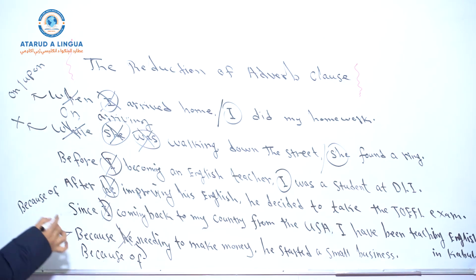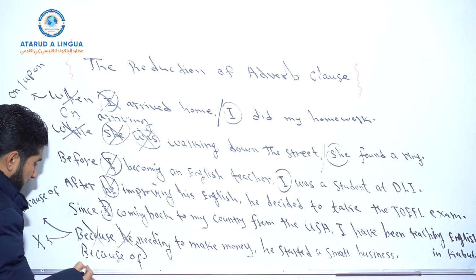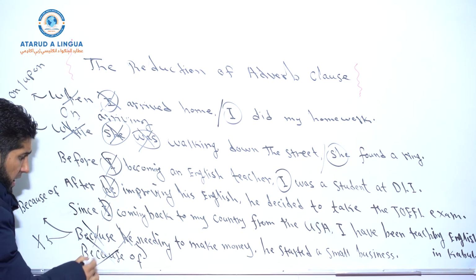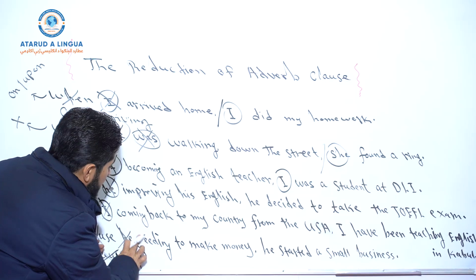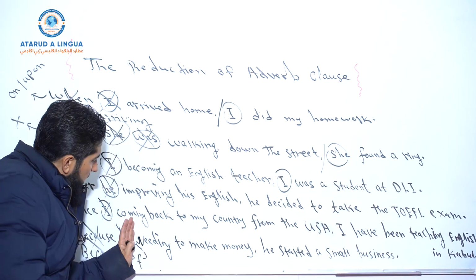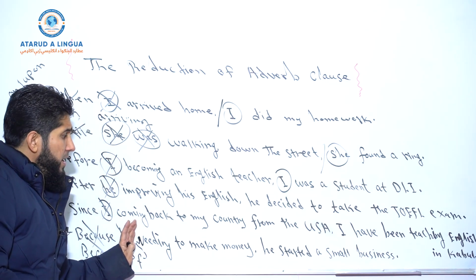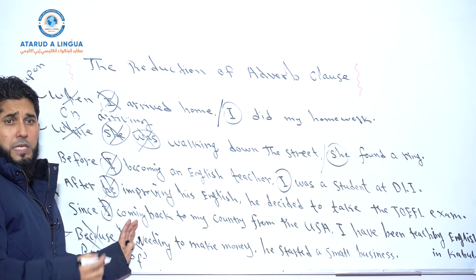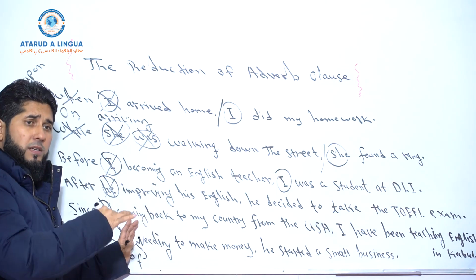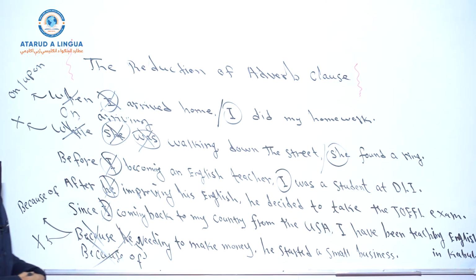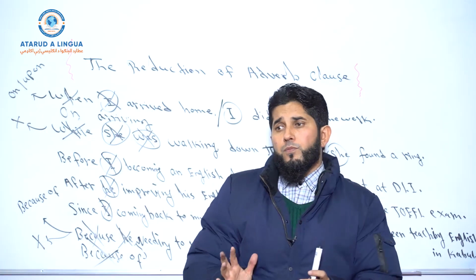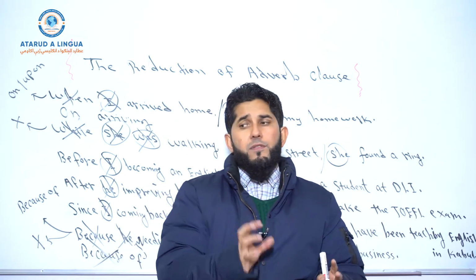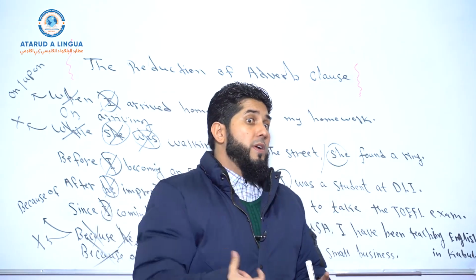One way. Another way, you can get rid of "because," and if you don't want to use "because of" the preposition, that's also possible. Directly, just "Needing to make money, he started a small business." This is how we can reduce an adverb clause to a modifying phrase.